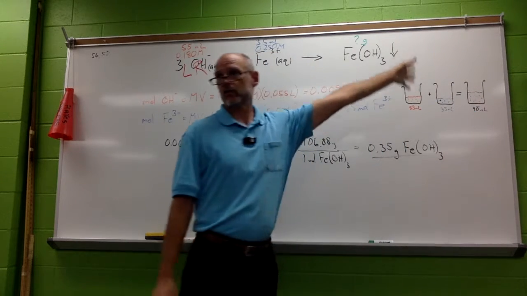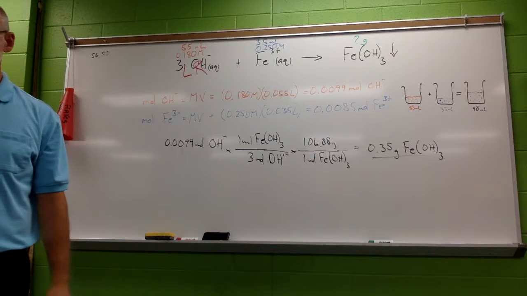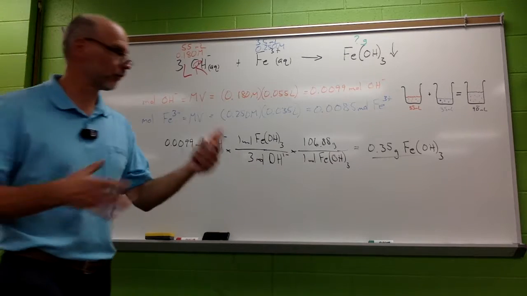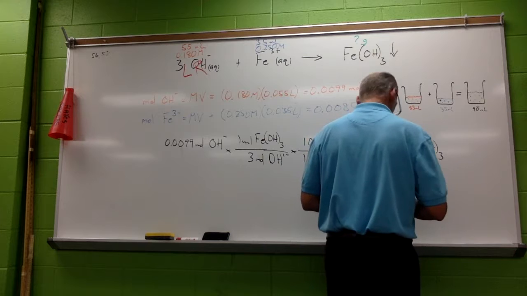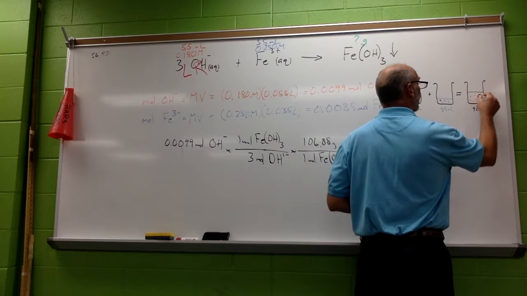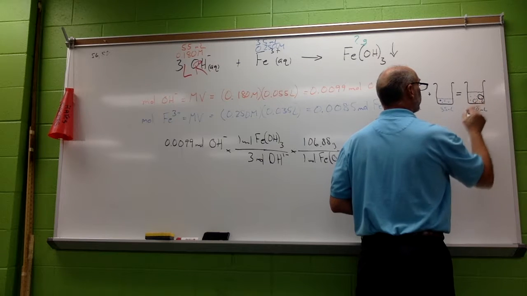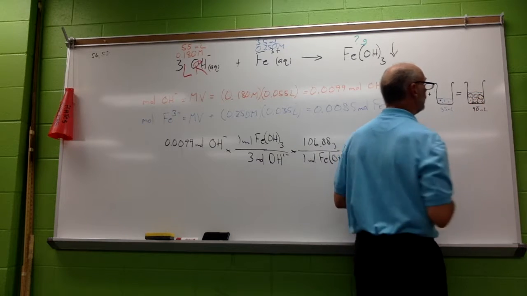Let's imagine there is a 1-to-1 stoichiometry. These things are all scooting around, and maybe these 2 run into each other, precipitate out. Maybe these 2 run into each other, precipitate out. Maybe these 2 do, and maybe those 2 do.